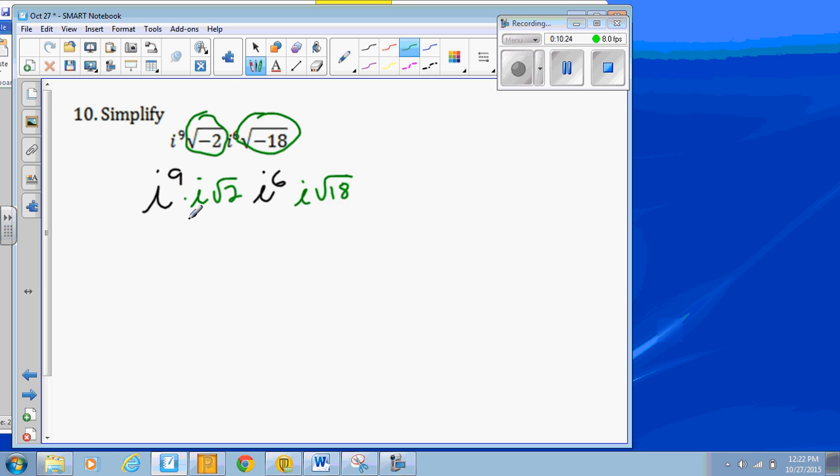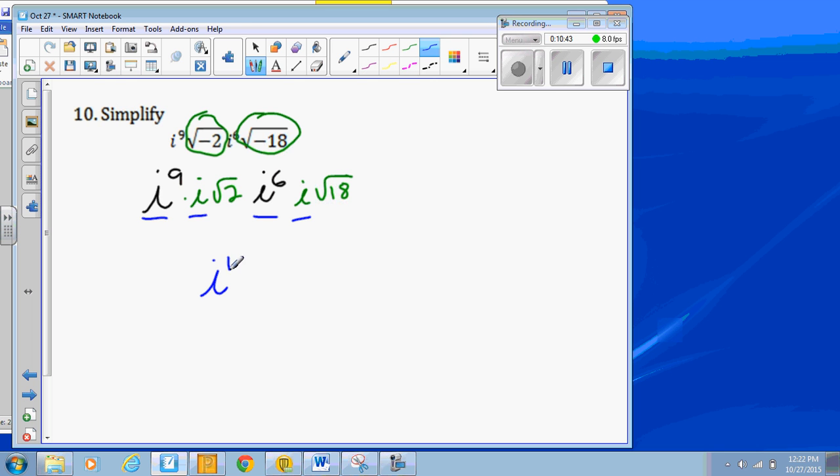So now I'm going to combine things together. Now I'm going to say i to the 9th times i to the 1st times i to the 6th times i to the 1st. Remember, we add the exponents. 9 plus 1 is 10. 10 plus 6 is 16. 16 plus 1 is 17.